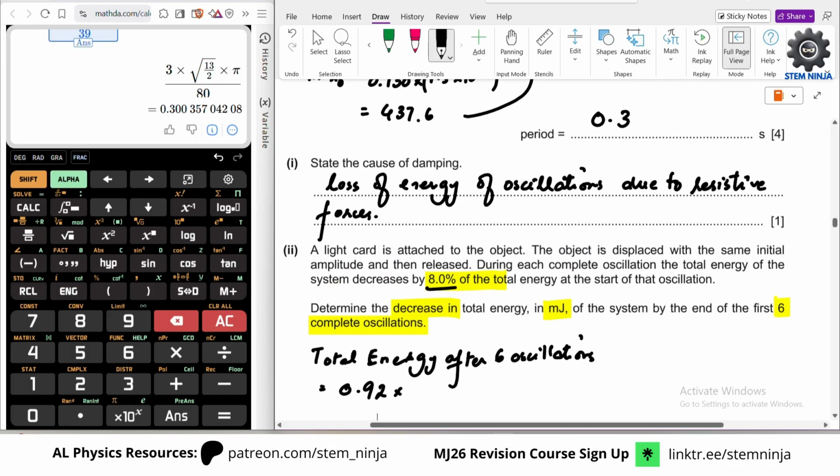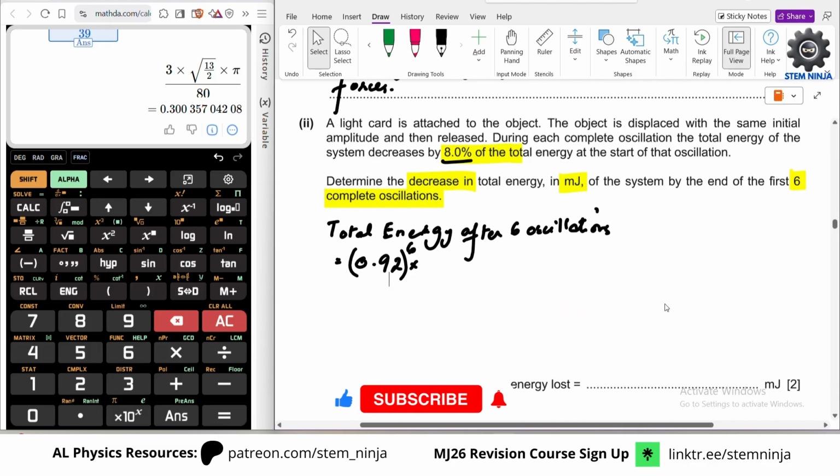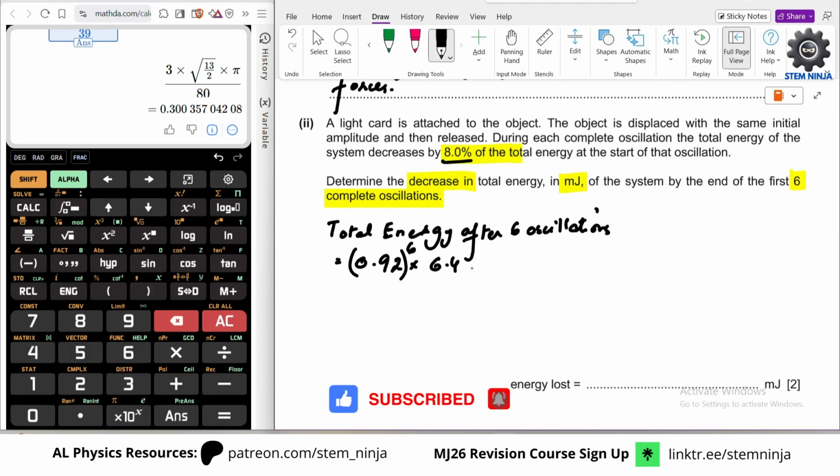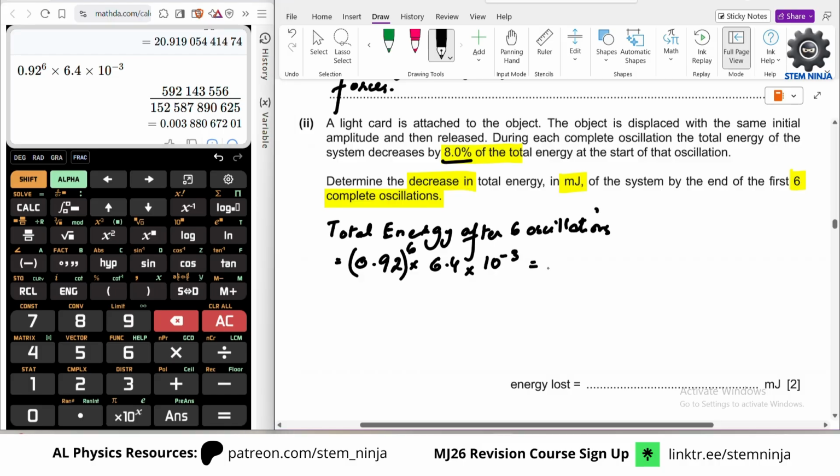We have to do this raised to the power 6 also. The total energy that we found was 6.4 millijoules. So 0.92 raised to the power 6 times 6.4 times 10 to the power minus 3. We can do this in millijoules also, because we need the answer in millijoules.